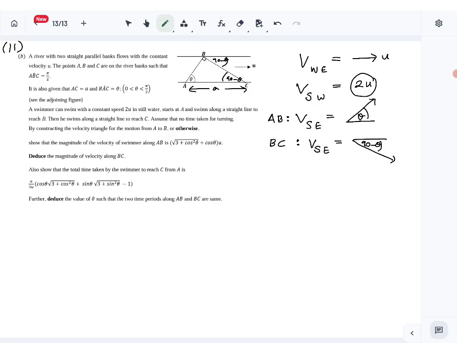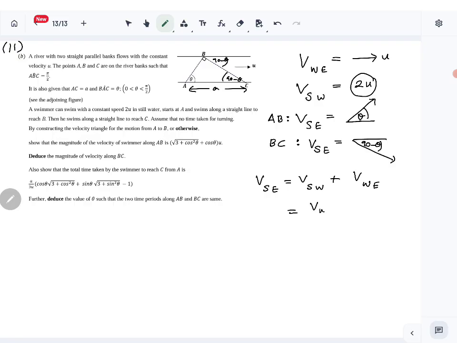So now let's draw the velocity triangle. We'll use V swimmer-earth equals V swimmer-water plus V water-earth. The water velocity is the one where we know both the direction and the magnitude, so we'll put V water-earth first, then V swimmer-water, because A plus B or B plus A is the same in vectors, since vectors are commutative.